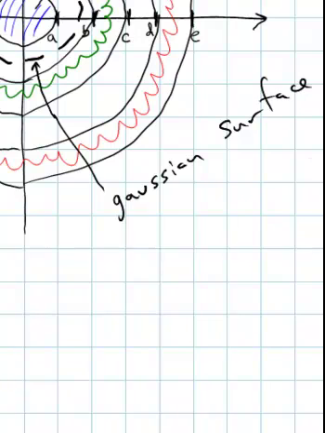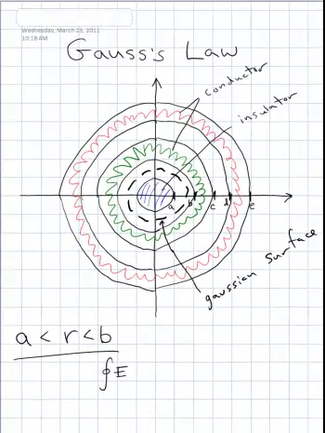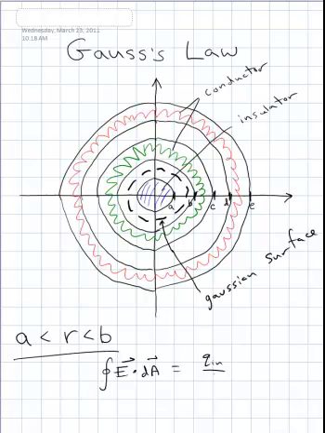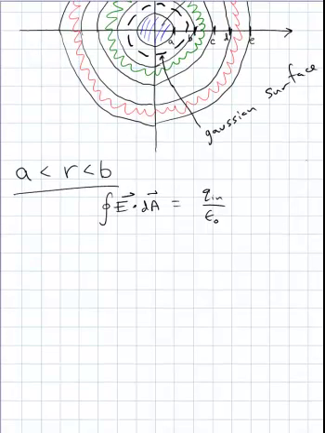And let's take a look at what Gauss's law gives us. The integral over some closed surface of E dot dA is the charge inside of that closed surface over epsilon naught. So again, I already talked about the fact that we have spherical symmetry.